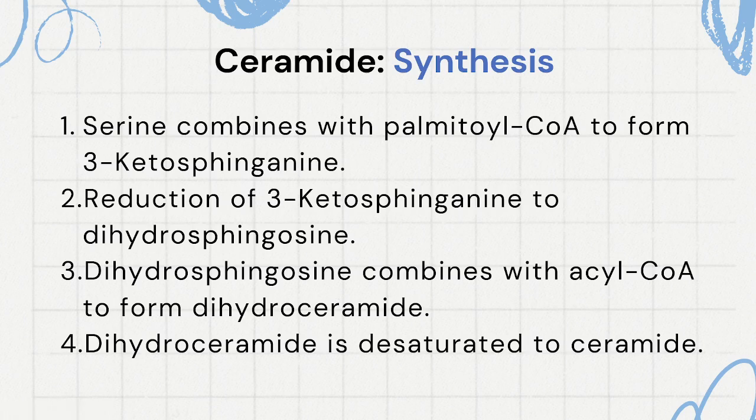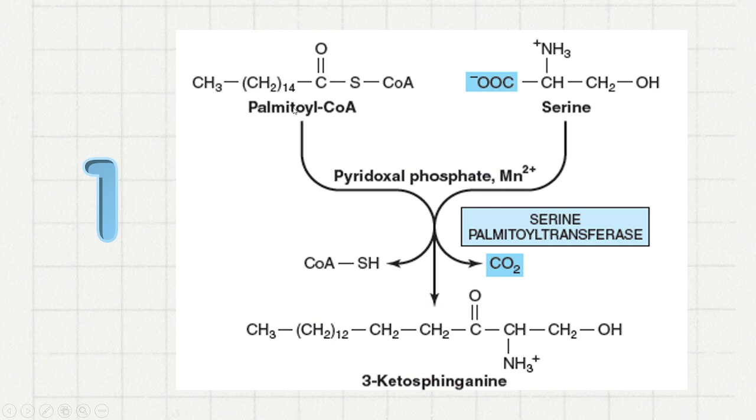How is ceramide synthesized? Through four steps. First, serine combines with palmitoyl CoA, catalyzed by serine palmitoyl transferase.